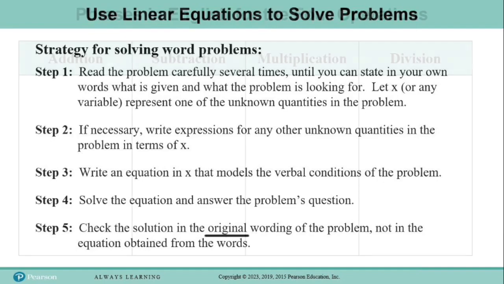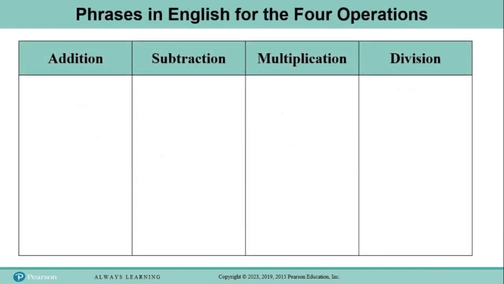So let's look at some common phrases that are used in word problems to represent each of these mathematical operations. Usually to indicate addition, you'll see a word like sum or more than or increased by.